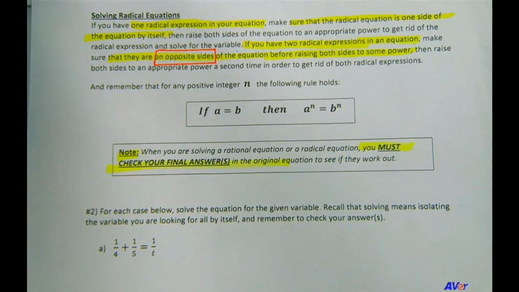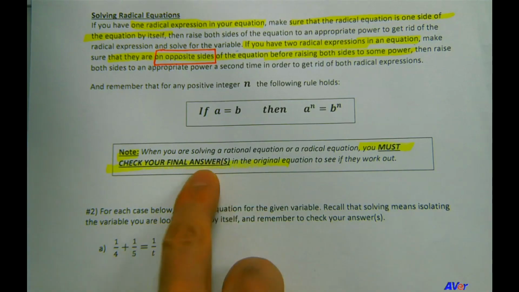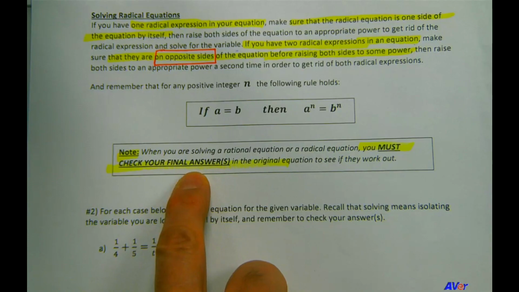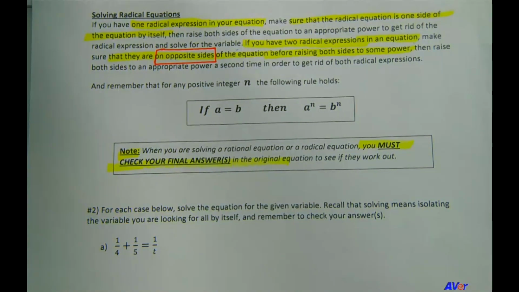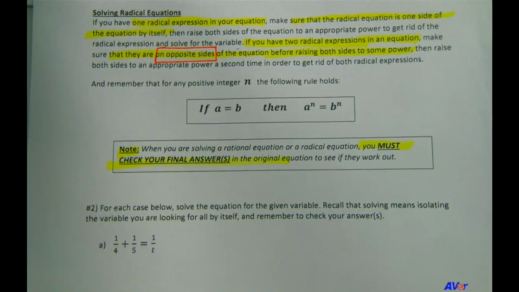So just because you use these techniques and you end up with x equals 2 and x equals -1, you cannot accept these answers as true unless you go back, plug those answers in the original equation, and see if they work out. That step we must do for all of these. Okay? All right.